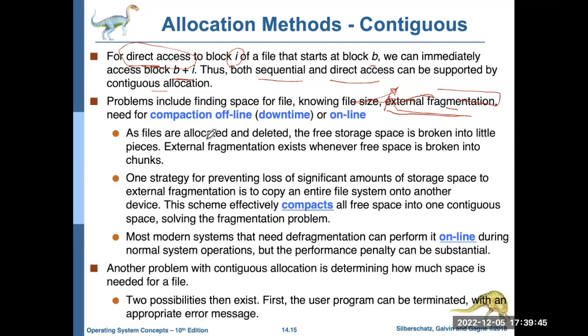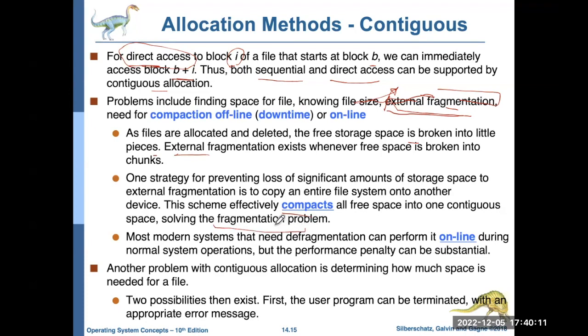As files are allocated and deleted, free storage space is broken into little pieces, and that is called external fragmentation. One strategy to prevent this is to compact all the free spaces into one contiguous space, and that solves the fragmentation problem.